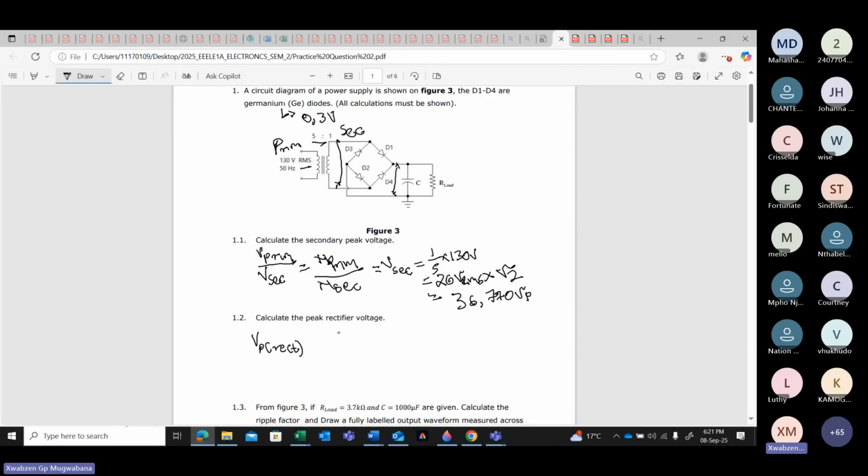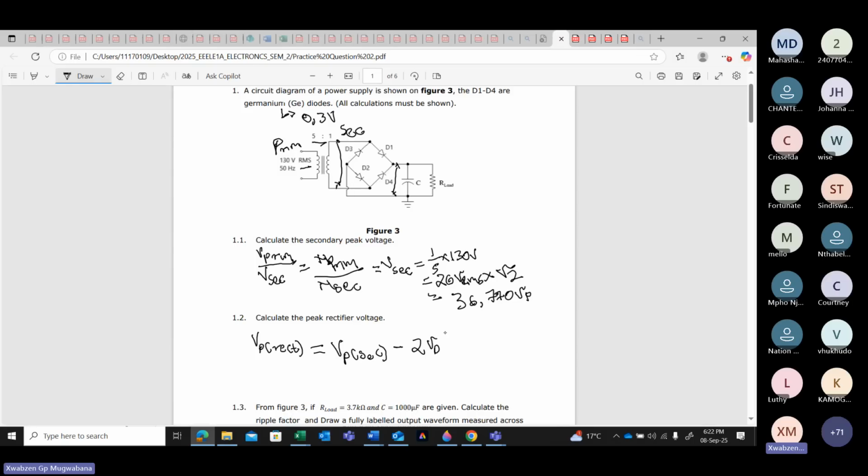Remember, your diodes give you the rectification. As I explained, the signal needs to pass through two diodes to get to the negative side. Therefore, your V peak rectifier will be your V peak of the secondary minus double your V of the diode.